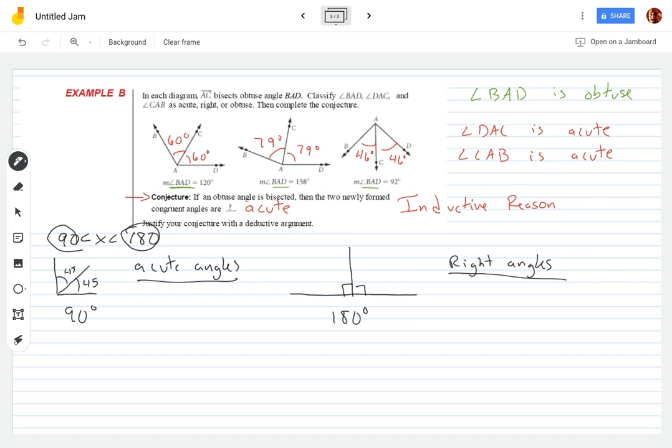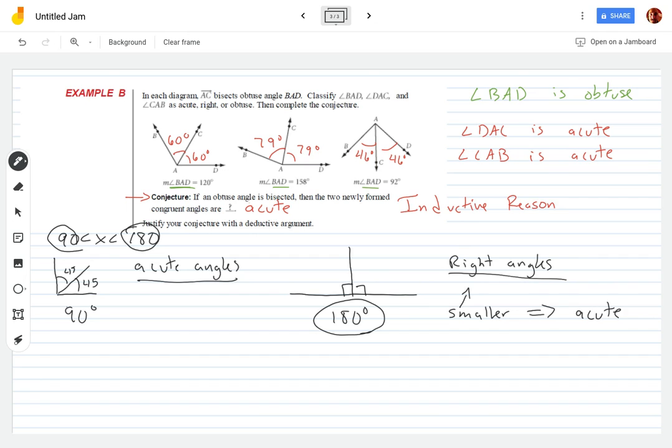Now, here's the thing. Our obtuse angle cannot be 180 degrees. It has to be less than 180 degrees, which means the two angles that we create here have to be smaller than right angles. So anything smaller than a right angle has to be acute.